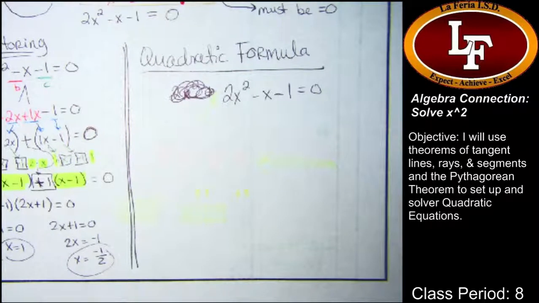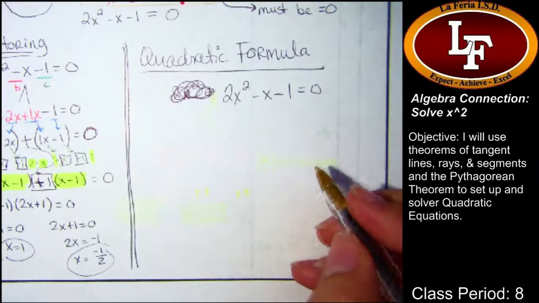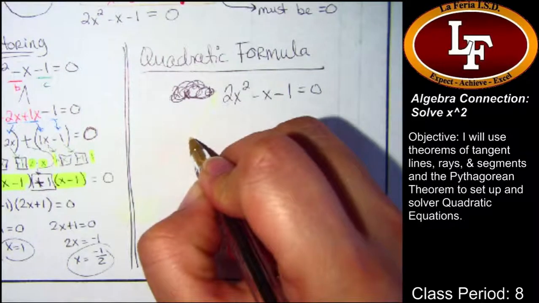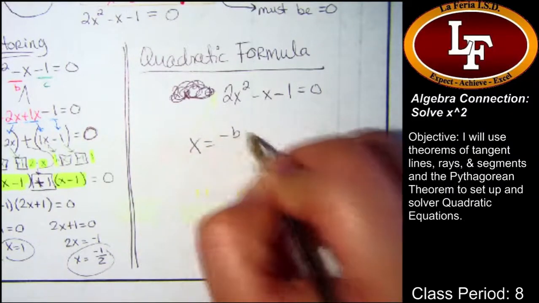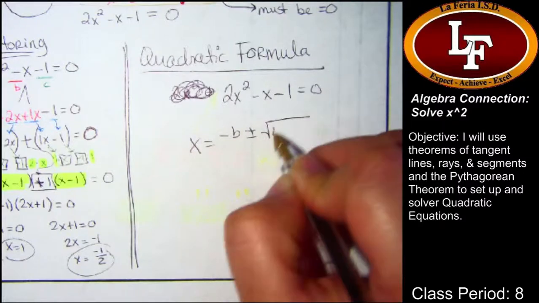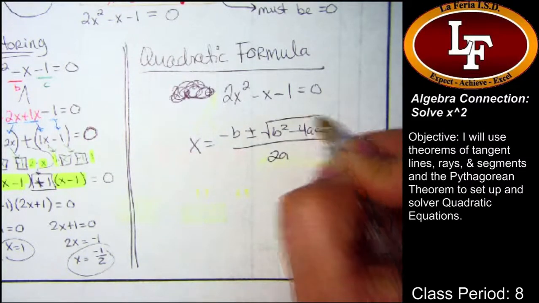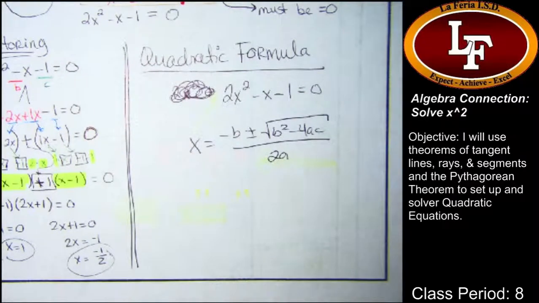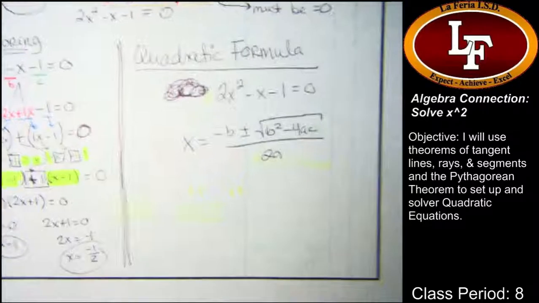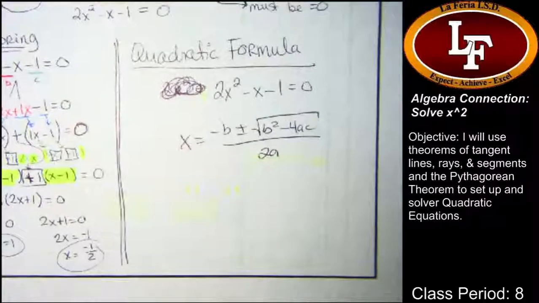All right, let me teach you the quadratic formula the way my mommy taught me. Are you ready? Here we go. X equals -b plus or minus the square root of b squared minus 4ac all over 2a. That's how my mommy taught me the quadratic formula.